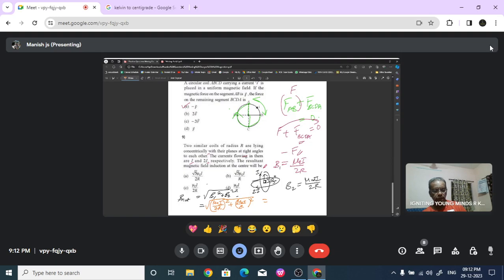All possible common out terms you try to extract and then you try to express it. Okay. That's it. So when you take the possible common out terms and you extract, you will get mu naught I upon 2R itself. If I take it as common out, inside I will get under root of 1 square plus there you have a 2 terms. See, those 2 squares. 2 square is 4 plus 1 is 5. So root 5 times mu naught I upon 2R. So the answer is root 5 mu naught I upon 2R, option C.